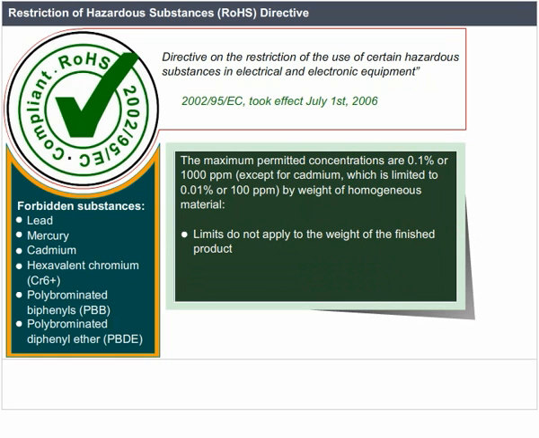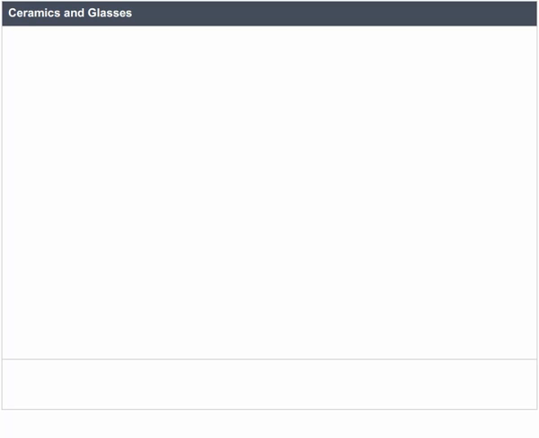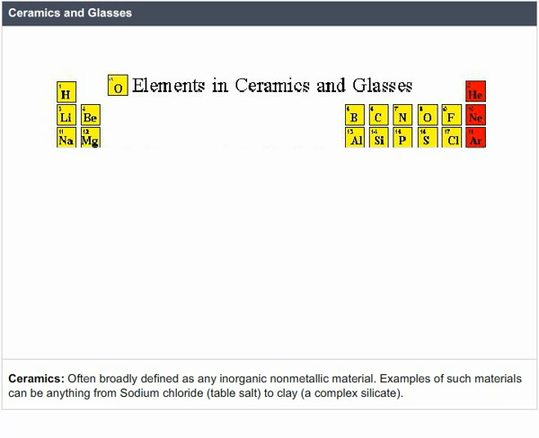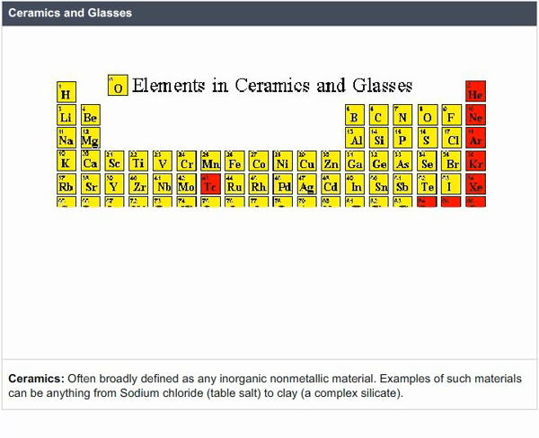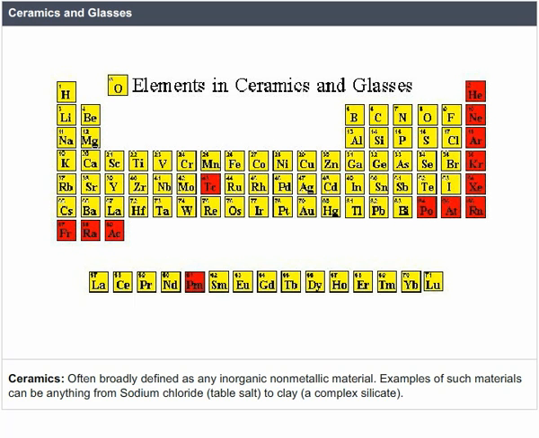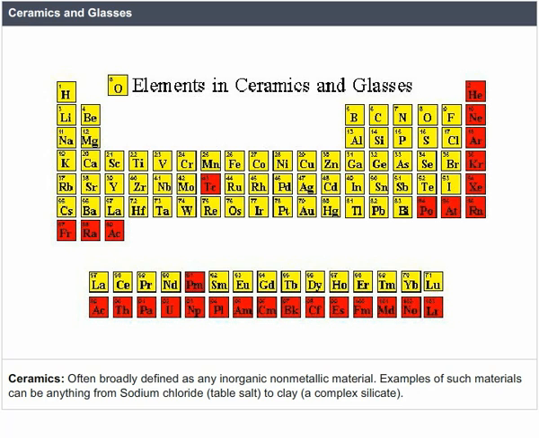Limits do not apply to the weight of the finished product, but to any single substance that could be separated mechanically. Ceramics and glasses. Ceramics are often broadly defined as any inorganic non-metallic material. Examples range from sodium chloride, table salt, to clay, a complex silicate.